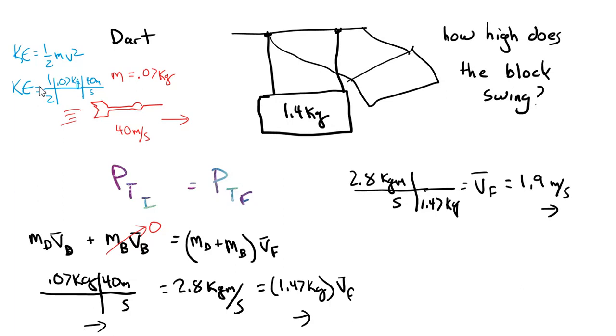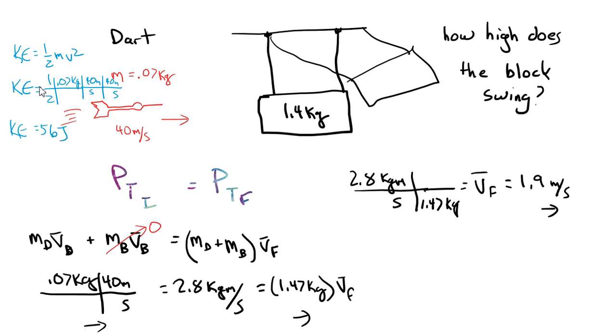I'm trying to squeeze it in there. I put it in a bad spot. But I'm not going to use this number. I'm really just making a point with this number. So 1/2 mass times speed squared: 1/2 times 0.07 times 40 times 40. The total kinetic energy at the start of this problem is 56 joules, right?